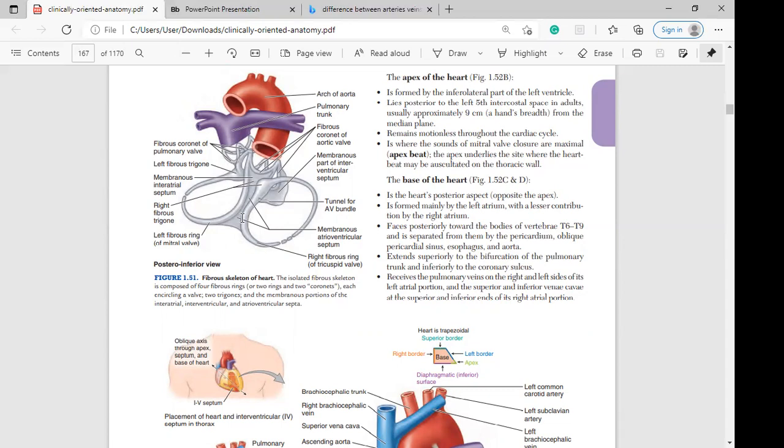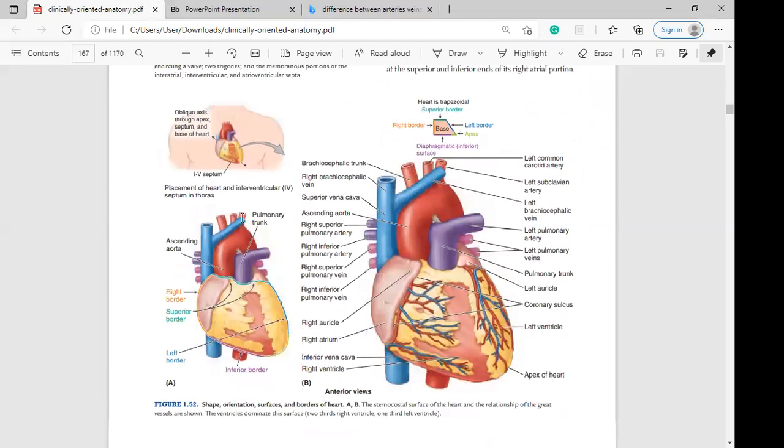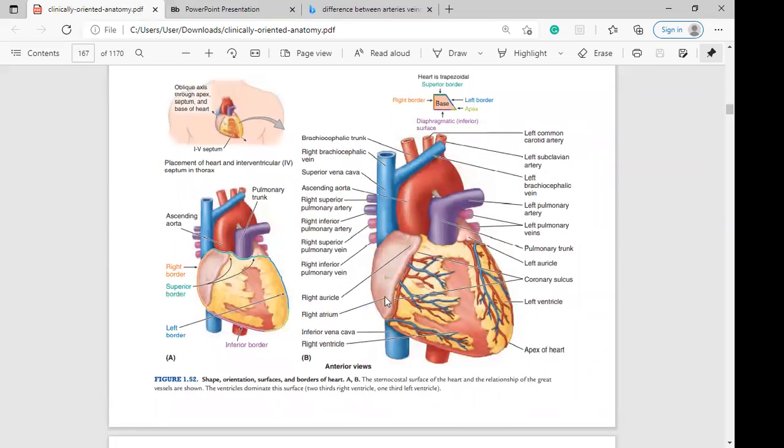Now, normally, do you think that the base of the heart will be on top or below? So this is the structure. Let's say this is the structure of the heart. Yes, this is the heart. Normally, we usually have the base under, but for the heart, the apex of the heart is the lowermost part of the heart. Look at this place.